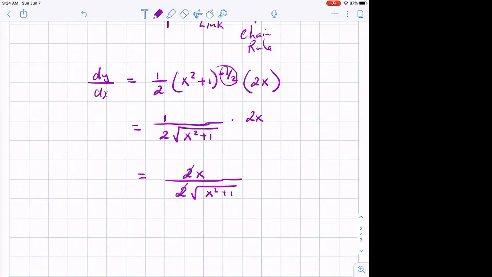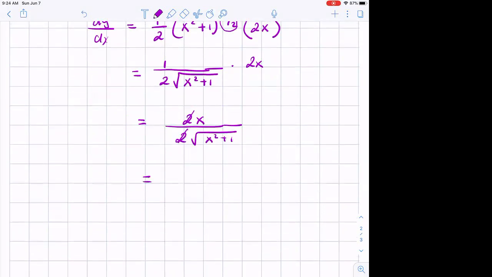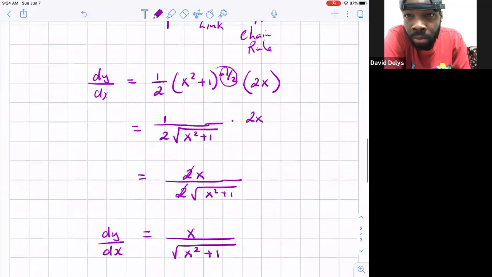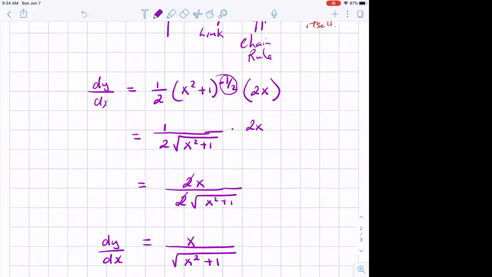And then this 2 can cancel with that 2. So we actually have x over the square root of x squared plus 1. So this would be dy/dx. So all of this is simplification.